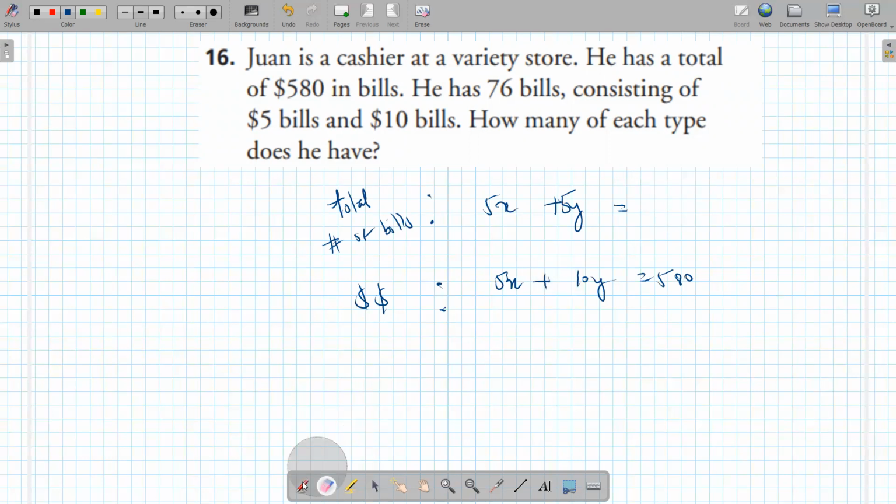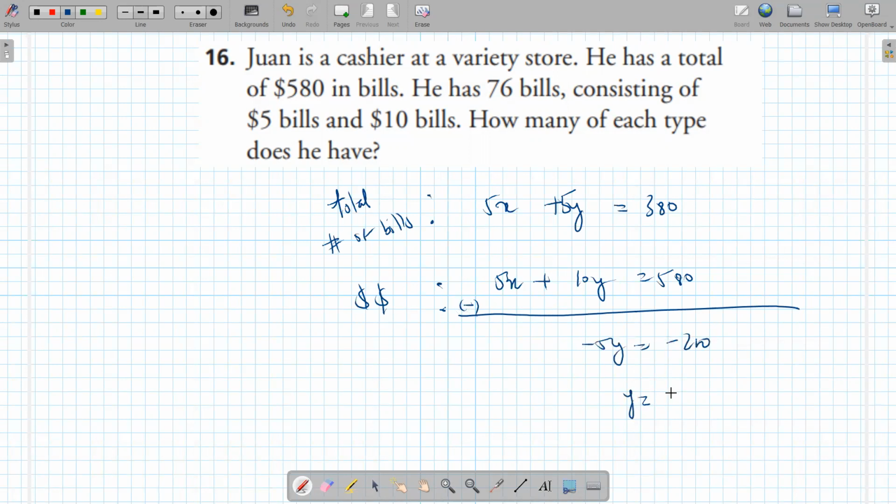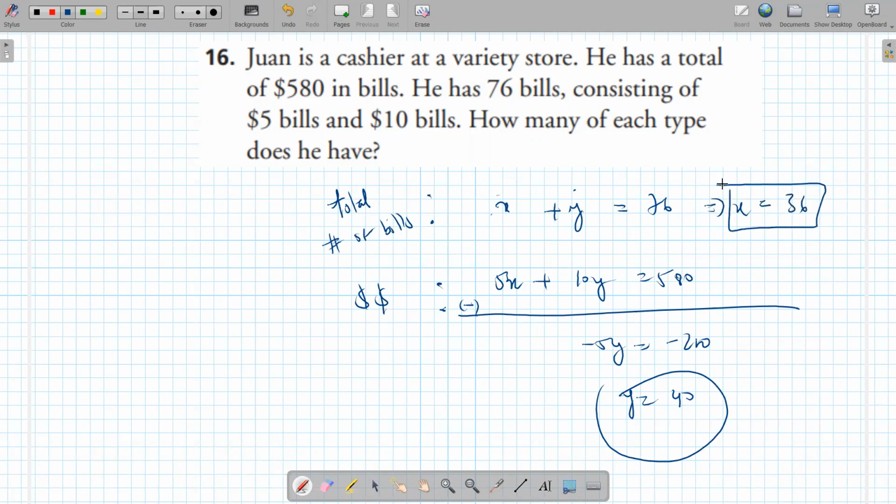So it becomes 5x plus 5y equals 76 times 5, which is 380. Subtract. You get negative 5y equals negative 200. y is 40. Plug that back into the equation that we had earlier. That means x is going to be 76 minus 40. It's going to be 36. And that's the end of the question.